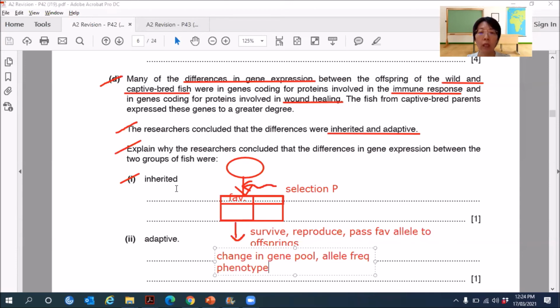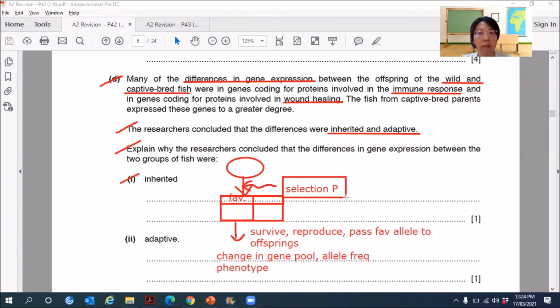Okay, so the improvement in wound healing and improvement in immune response is inherited. So look at the entire format. Where does it show there's inheritance? And what you need to write. Okay, so first thing is you need to talk about the selection pressure of the tank.